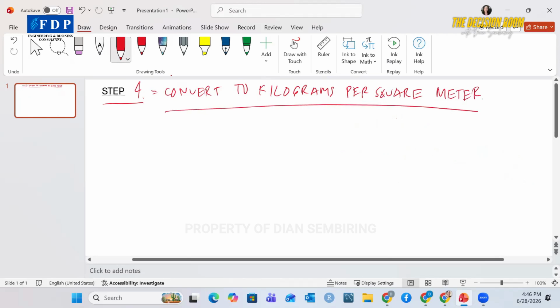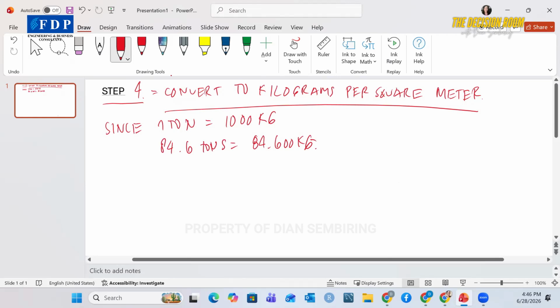Since 1 ton is equal to 1,000 kilograms, 84.6 tons is equal to 84,600 kilograms.